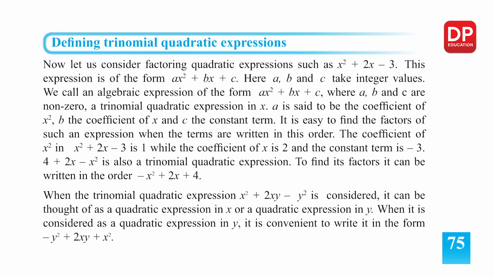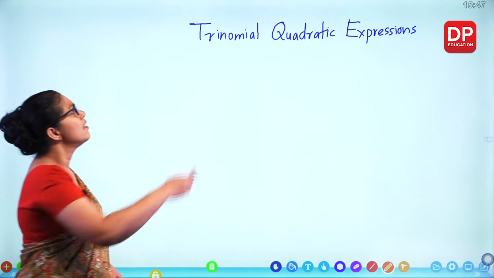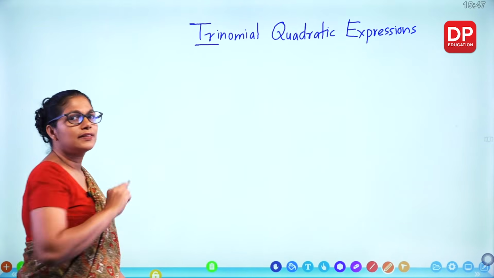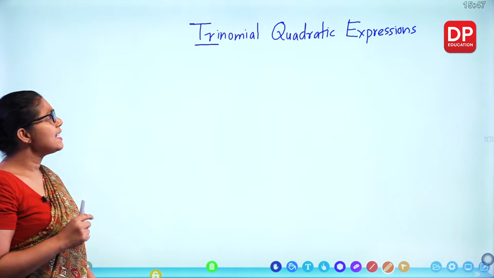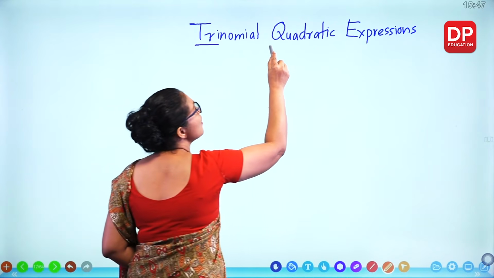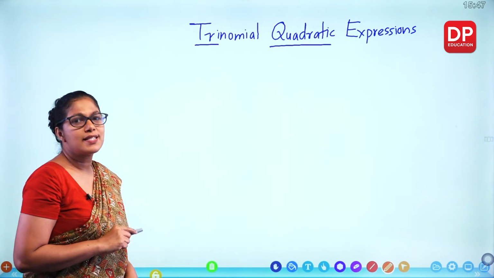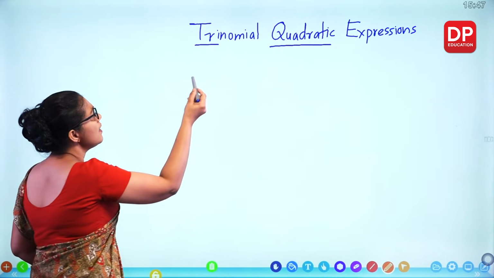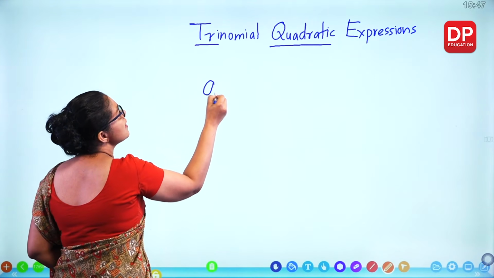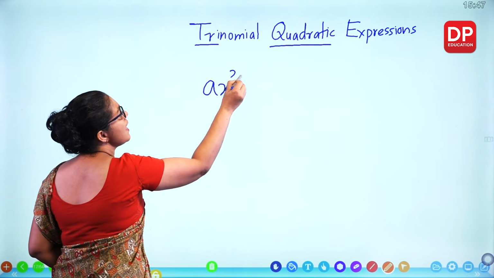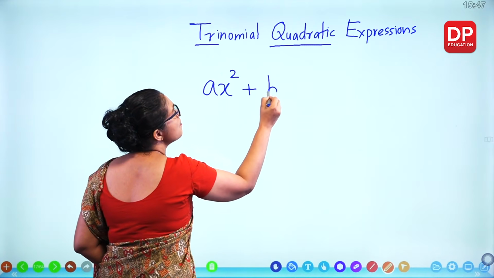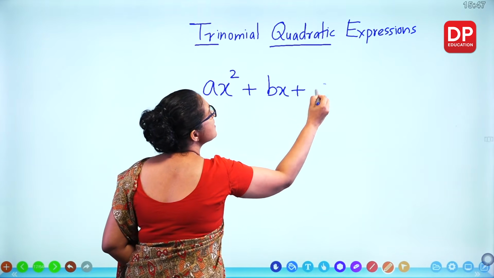Now we'll see what are trinomial quadratic expressions. What is tri means? 3. So you get 3 terms and what is quadratic means? You get x squared term. So here I'll write an expression like this, ax squared plus bx plus c.